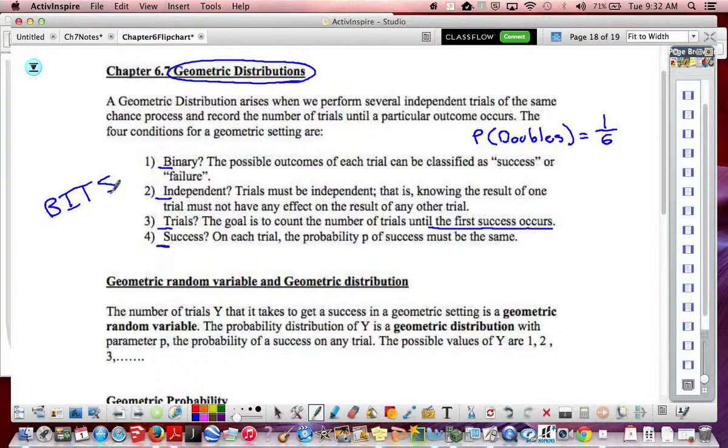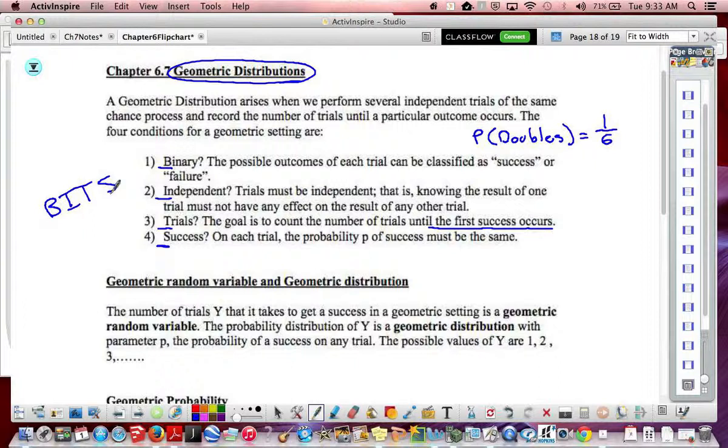Now that one we have to worry about the probability of success, because since you're not putting the cards back, the probability does change. But the concept and the thought process, you go until you get your first success, is what the geometric process is all about.